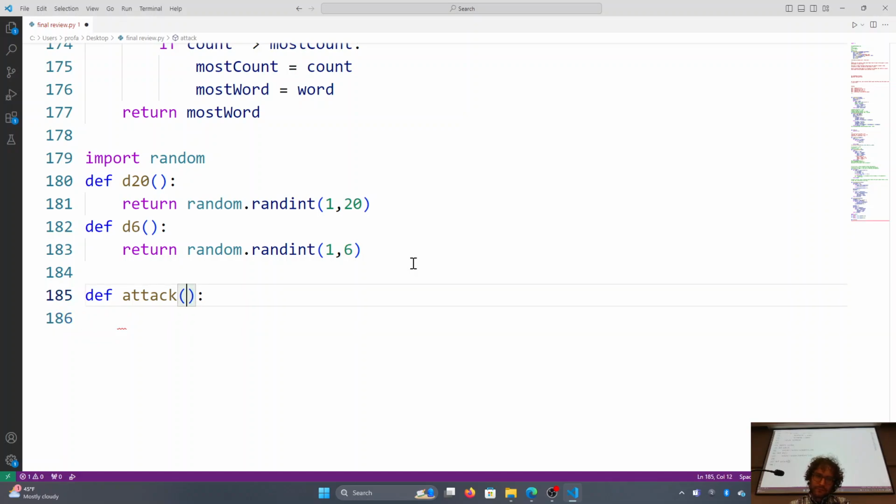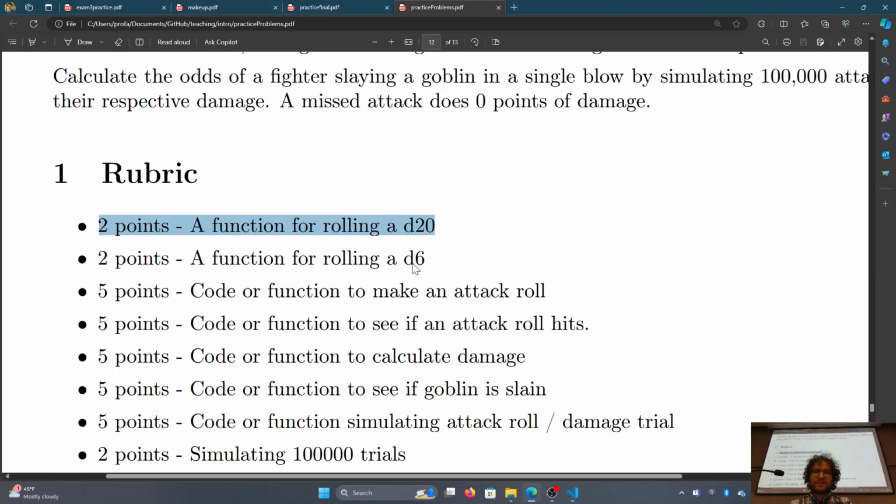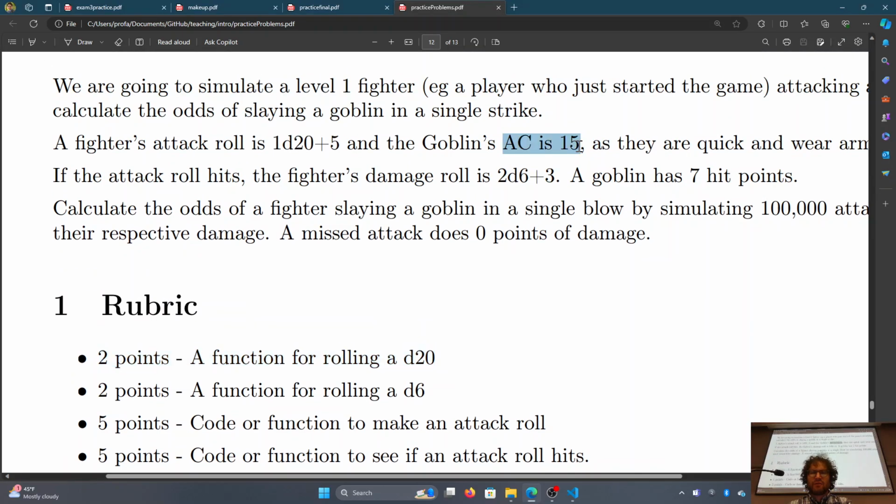We're just going to go ahead and hard code it. AC. So this is our target, rolling at or above 15.